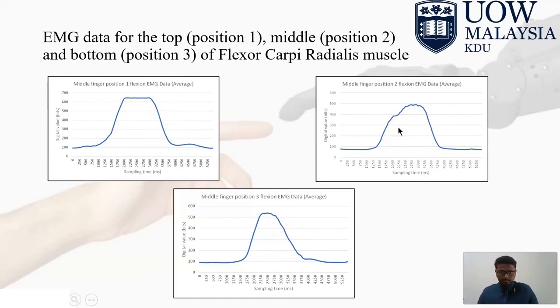As for position 2, which is at the middle of the muscle, it is almost 500 data bits. And as for position 3, which is the bottom of the muscle, the highest that it could reach for the EMG data is slightly above 500 data bits.